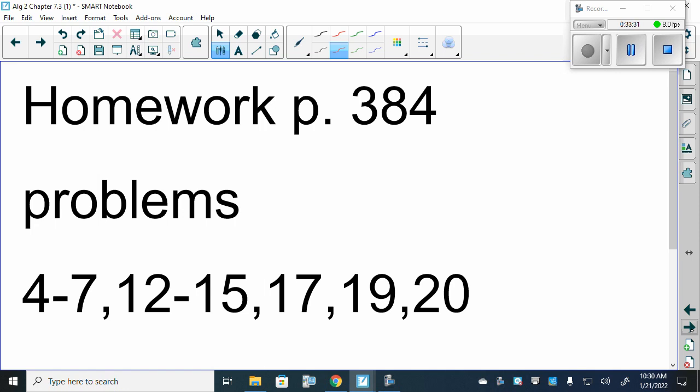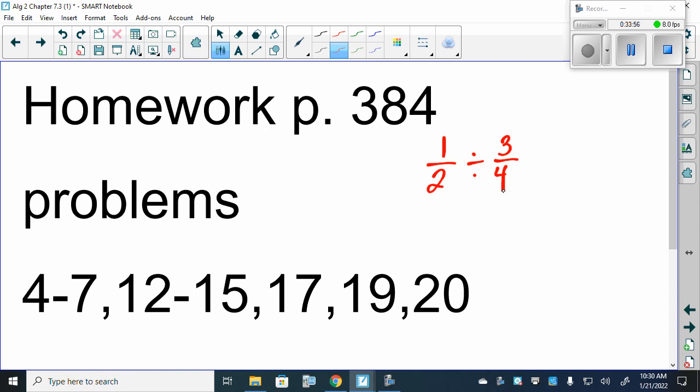So we did simplification and multiplication. On Monday, what do you think we'll be doing? Division. It's actually going to be almost exactly like this. Because what is 1/2 divided by 3/4?